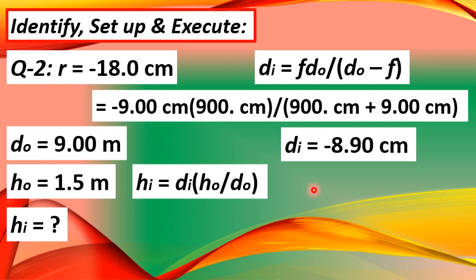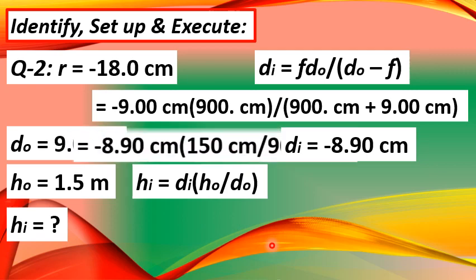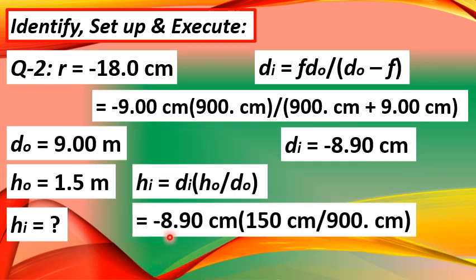Now we can proceed in computing for the image height hi, again using the formula based on the formula for lateral magnification. Hi equals di multiplied by the ratio ho over do. So substituting, we get di, which is negative 8.90 centimeters, multiplied by ho, which in centimeters is equal to 150 centimeters, and that's divided by do, being equal to 900. centimeters.